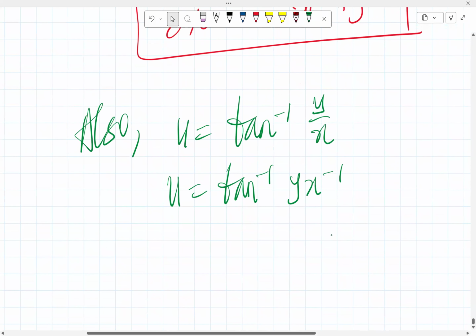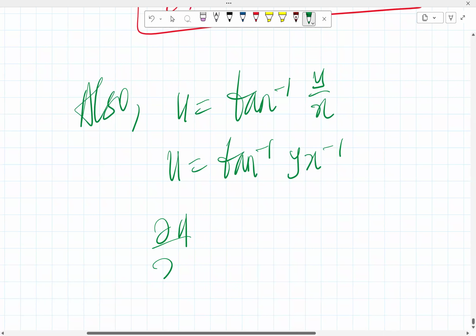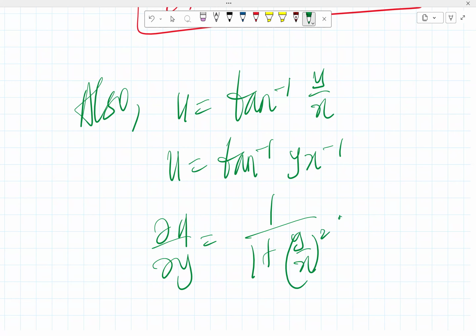So in this case, it's easier because we are dealing with y. So again, we have partial u partial y, which is 1 over 1 plus y over x all squared, multiplied by partial y of yx raised to power minus 1.